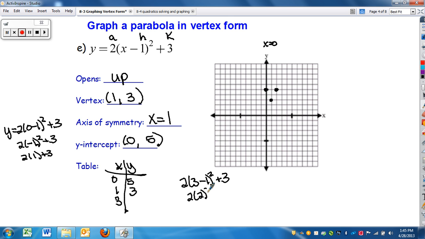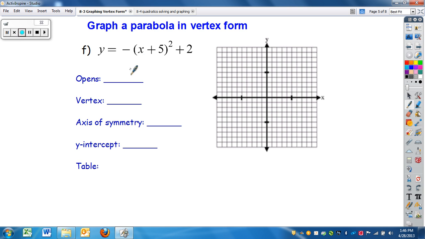Again, take it in steps. So it's 2 times 4 plus 3, which is 11. I'm just going to go 1 off. If you're just 1 off, don't feel like you need to change your scale. If it would have been anything bigger, I would recommend erasing these points and redoing them. So there is your parabola.